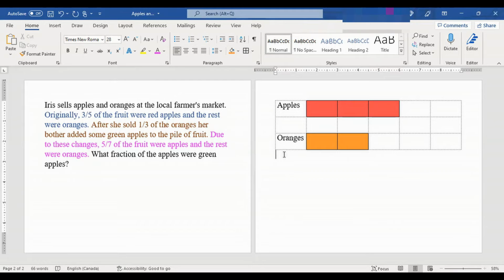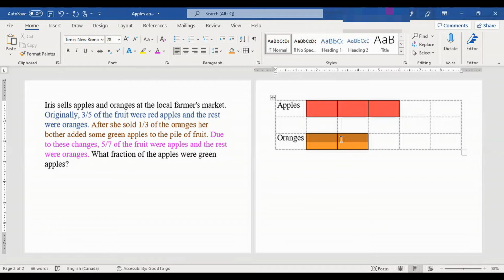Okay, and now we move on to the brown sentence, which says, after she sold 1/3 of her oranges, her brother added some green apples to the pile of fruit. Okay, so first, we're going to have to get rid of 1/3 of the oranges, or in some way show that they're sold. But we only have 2 cells here, and we need thirds.